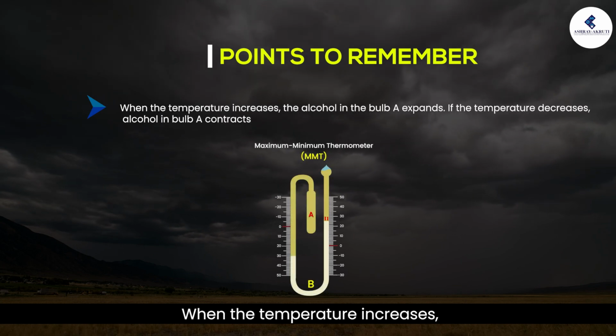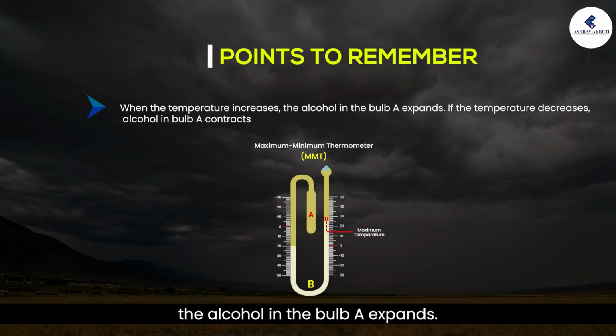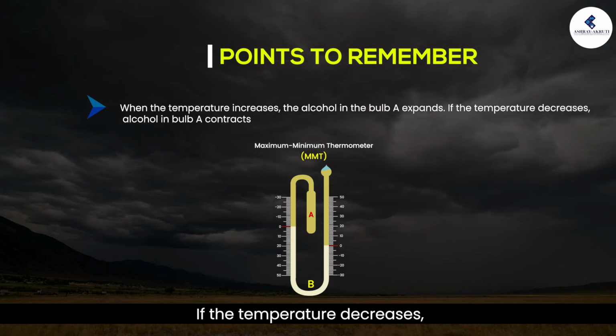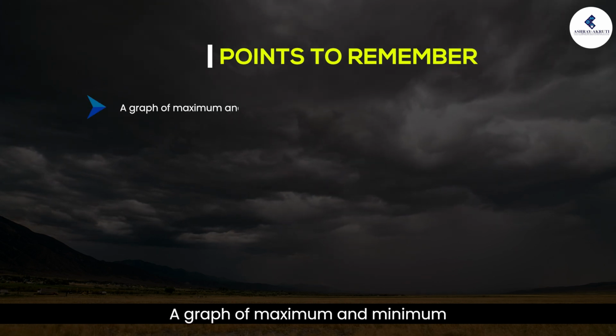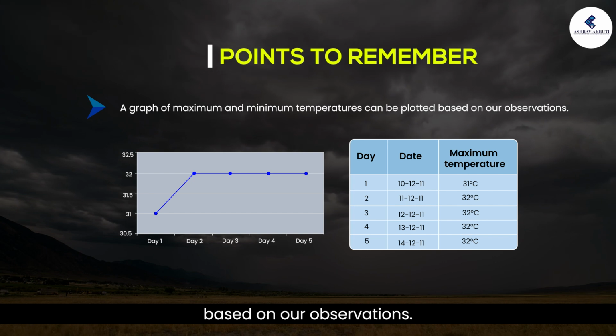When the temperature increases, the alcohol in the bulb A expands. If the temperature decreases, alcohol in bulb A contracts. A graph of maximum and minimum temperatures can be plotted based on our observations.